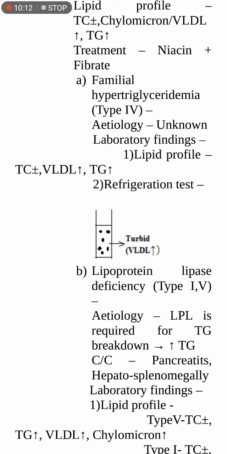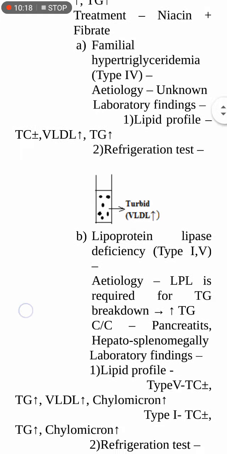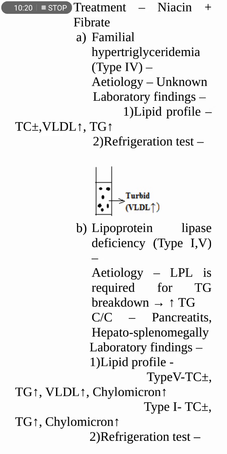Next, a cause of isolated hypertriglyceridemia is lipoprotein lipase deficiency. Lipoprotein lipase breaks down the TG of VLDL or chylomicron at the adipose tissue and skeletal muscle level.